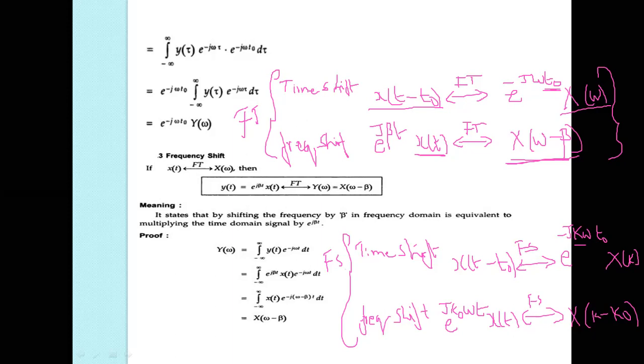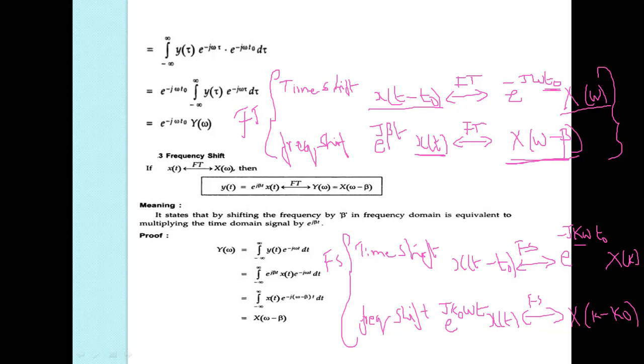If there is a shift in the frequency, it means the time domain signal is multiplied with a positive exponential with the number of samples shifted in the frequency shift. Similarly, in the time shift of the Fourier transformation or the Fourier series, if the t naught samples are shifted in the time domain signal, then in the frequency domain, a negative exponential is multiplied with the t naught samples.